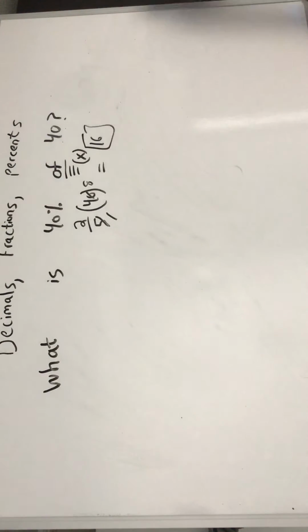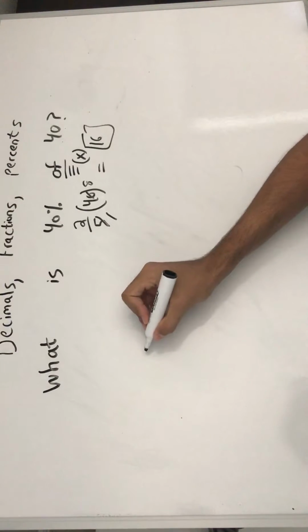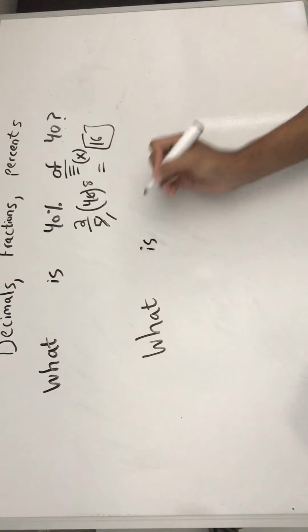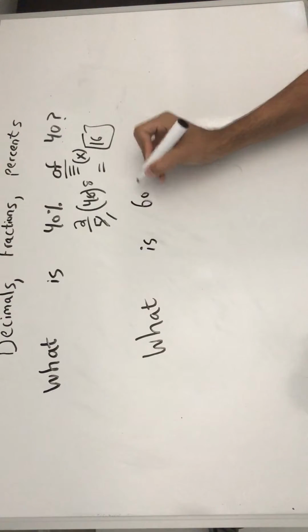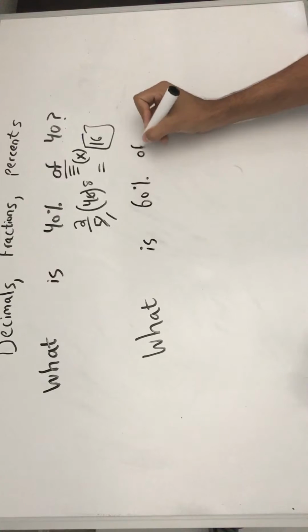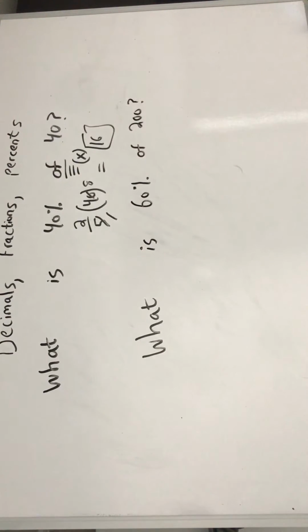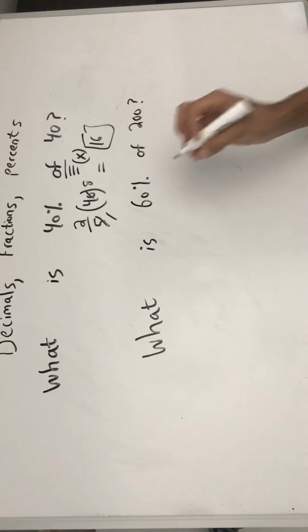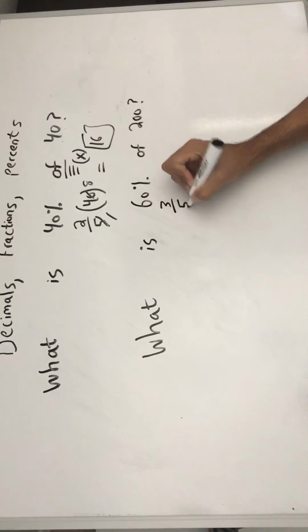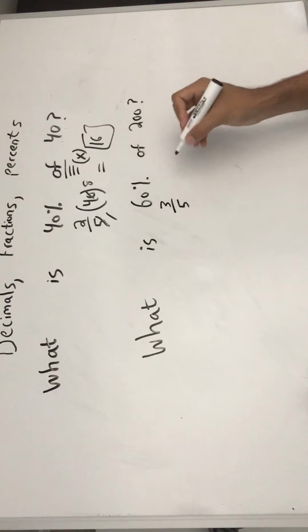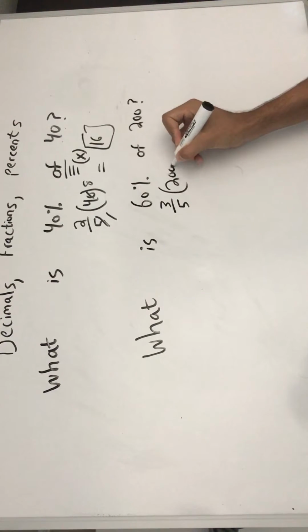And so, again, I can give another example. For instance, if you have something like, what is, let us say, 60% of 200. So 60%, again, with practice you would know that this is 3/5, and of in this case means multiplication. So we're multiplying 3/5 by 200.